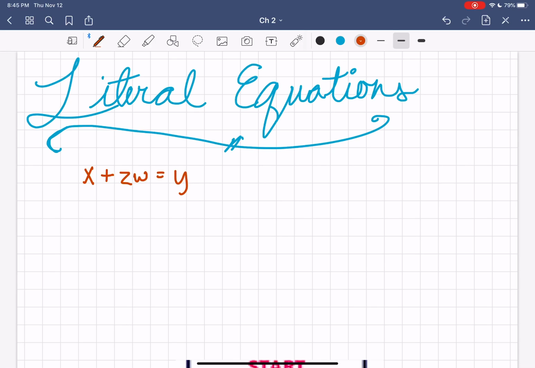The rules apply whether you have a number or a variable. The difference is that you're not going to be able to combine like terms or simplify as often, because you won't have as many numbers that are just constants. So enough talking. Let me solve for W.